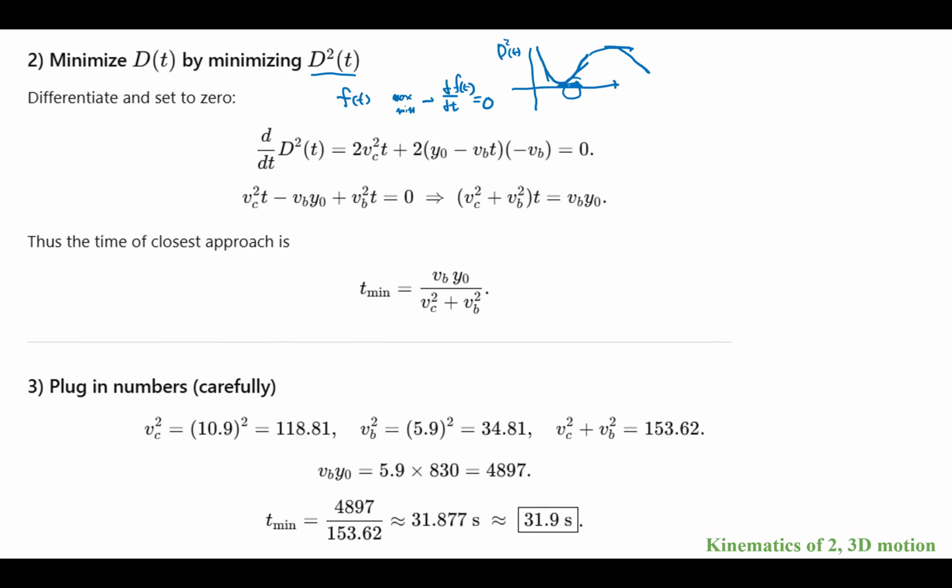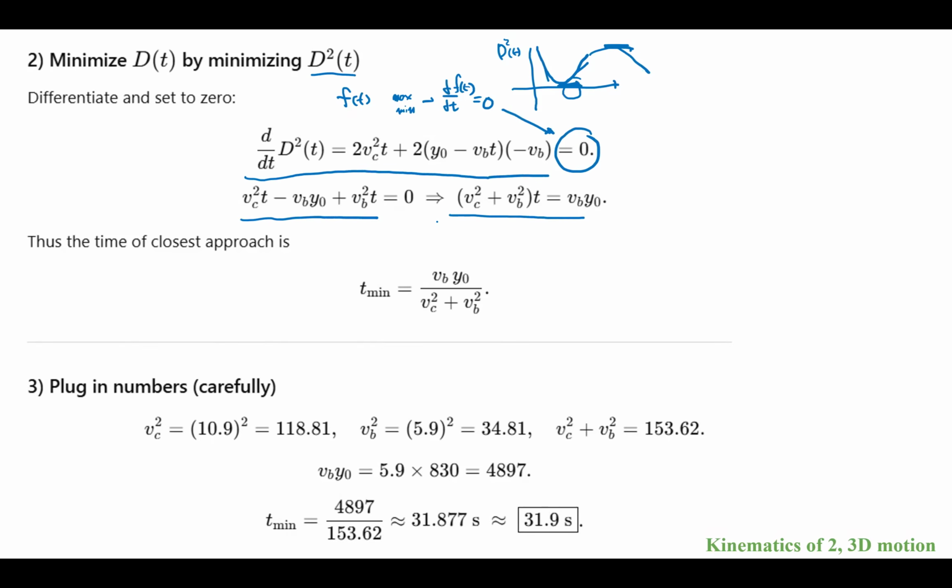Note that this is the slope. Slope being 0 means it is a maxima or minima. So we take the derivative, and then we set it equal to 0 here, and then we have these equations.